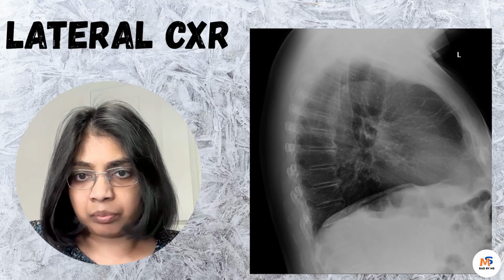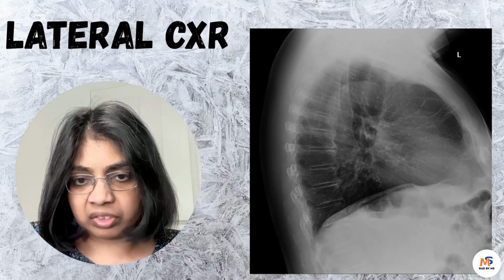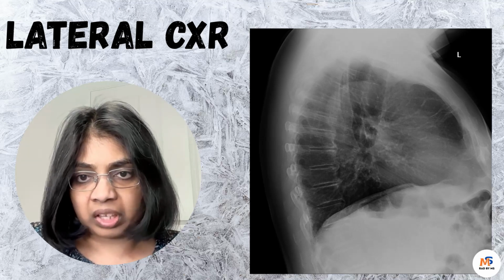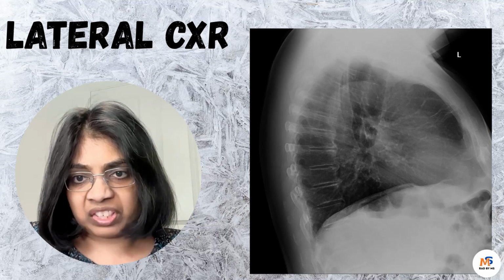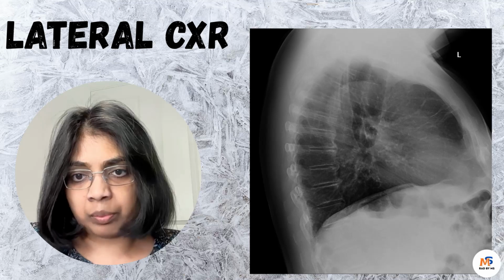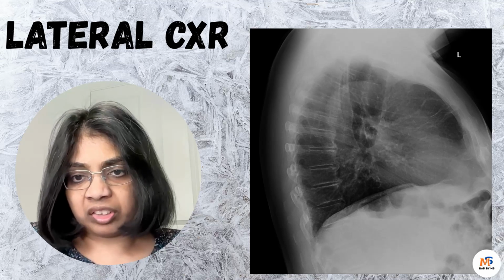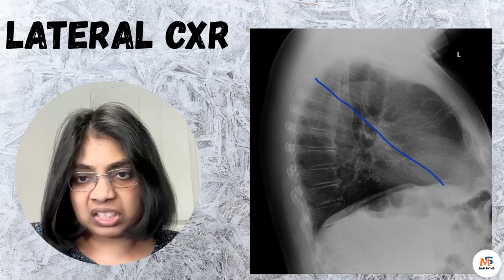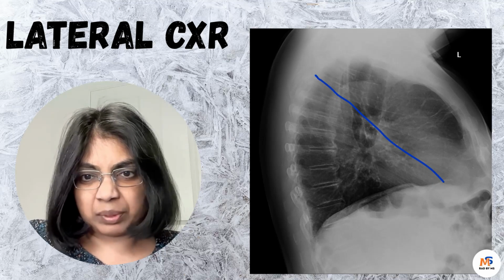anatomy exams. So we're going to start off by looking at the horizontal and oblique fissures. The oblique fissure separates the upper lobe from the lower lobe. Where it runs on the lateral radiograph is behind the sternum, about 3-4 centimeters behind it.